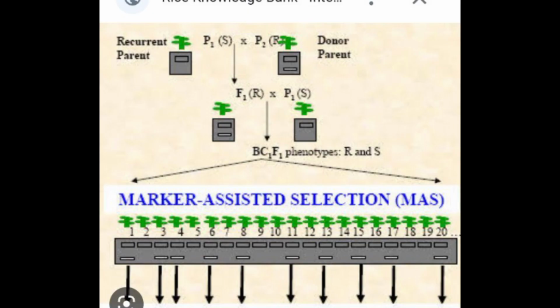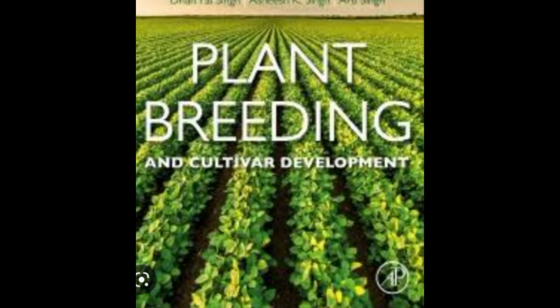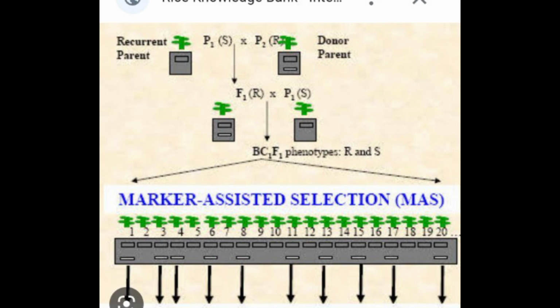Second, mutation. It is a sudden heritable change in an organism and is genetically due to structural changes in the gene. The mutation may produce a new allele not present in the population and may change the frequency of existing alleles. Third, random drift.